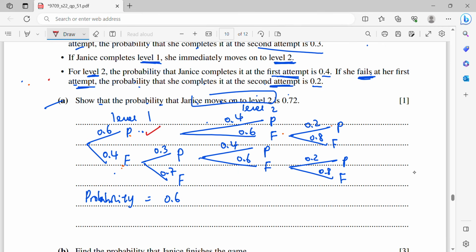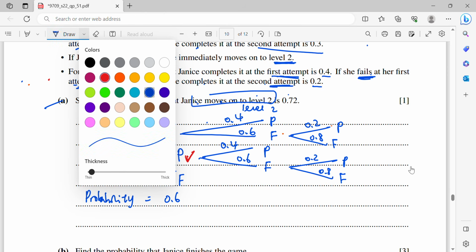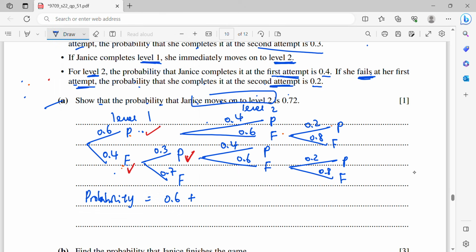Or fail in the first attempt in level 1 and then pass in the second attempt. Then she will move on to level 2. Okay, so here all is plus 0.4 times 0.3. Then here you will get 0.72. So this is how we get 0.72 over here.